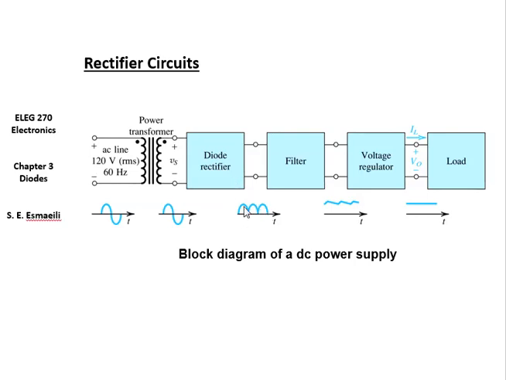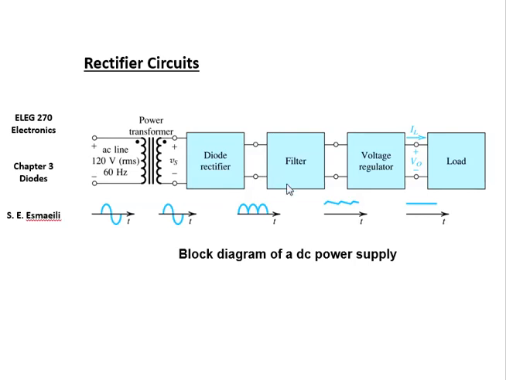But is it AC or DC? It's none of them. It's not AC anymore because in the sinusoidal shape of AC there is a negative part, and here there is none. But it's not DC yet. For DC, we need to have a direct line. So after this stage it goes to a filter.